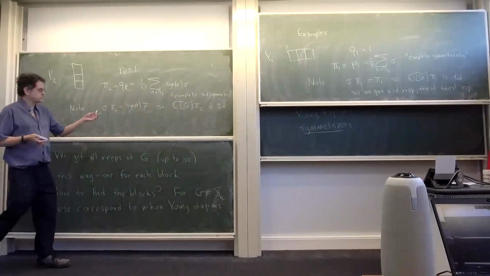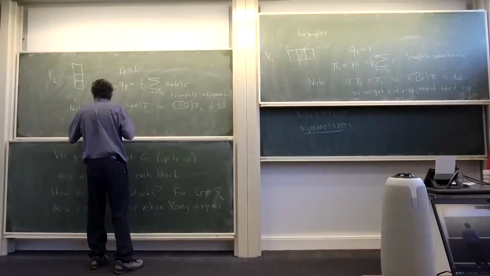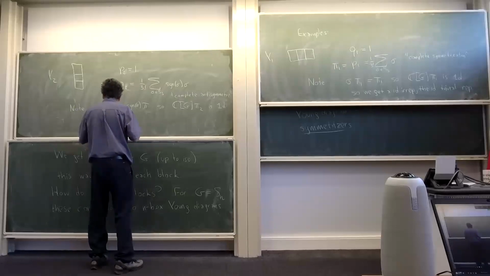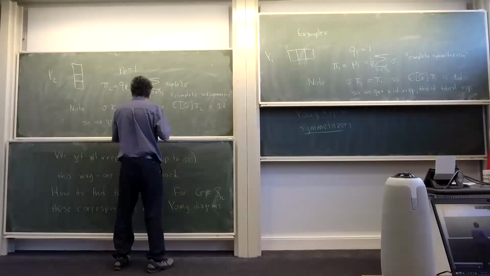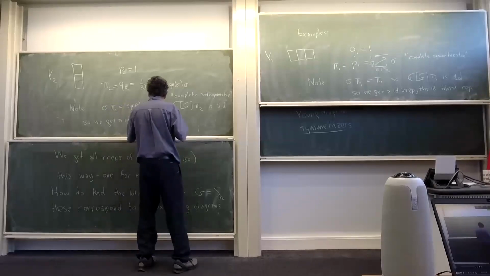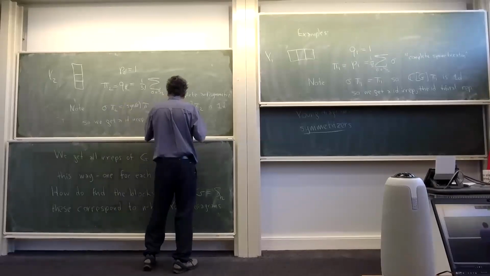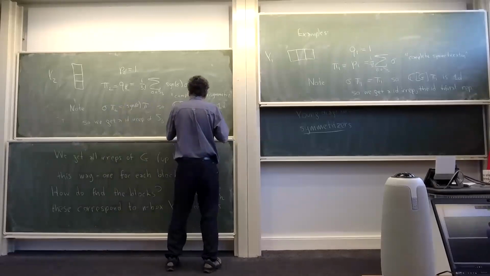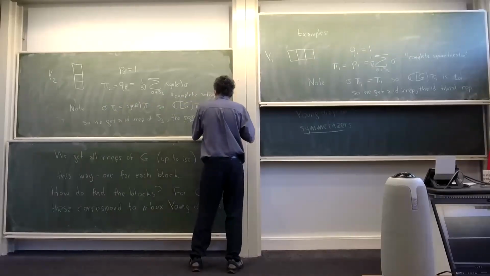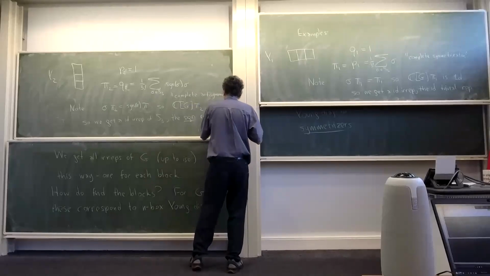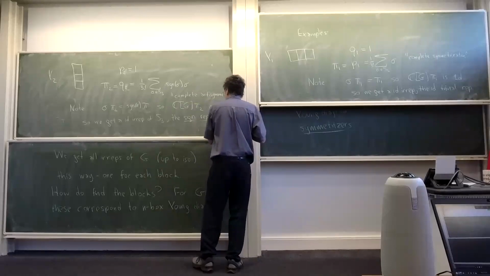So you still get that this is one-dimensional, and so what we get is a famous 1D irrep called the sign representation, which is a 1D irrep where each permutation just acts as multiplication by its sign.